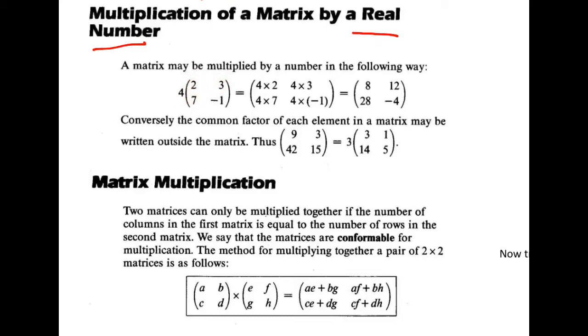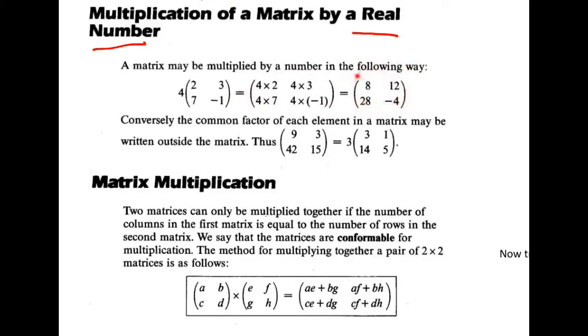So 4 times 2, 4 times 3, 4 times 3, and 4 times 7, and 4 times minus 1. This is usually called a scalar. That number here, a scalar. When you multiply a matrix by this number, you get a new matrix, and that is the final result.